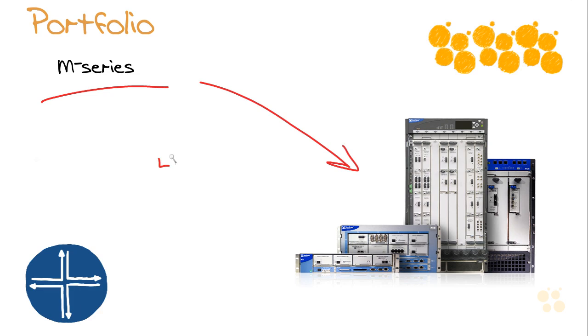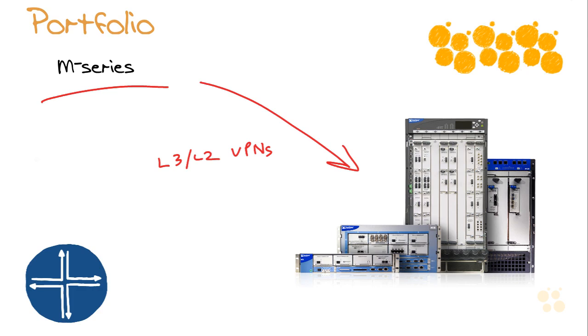They're going to feature things like layer 3 and layer 2 VPN services, and they're going to, again, really be focused on moving packets at layer 3 as quickly as humanly possible. Remember, with the M series, we're talking about enterprise scale. So service providers, Fortune 500 companies, those are the audiences most interested in the M series.